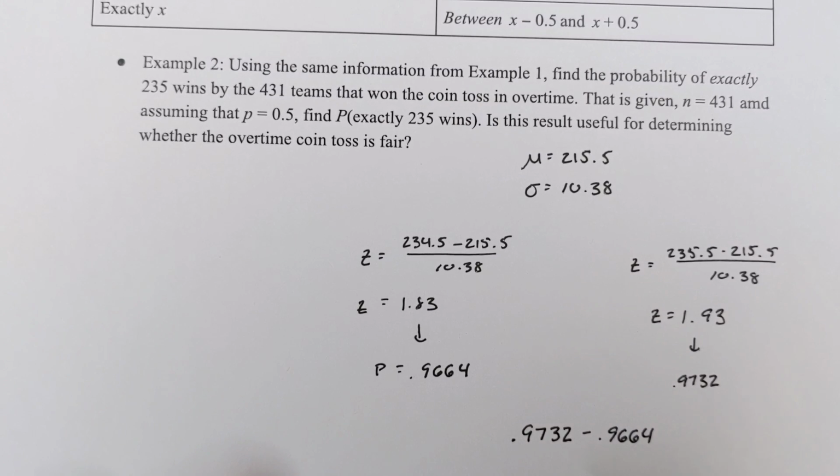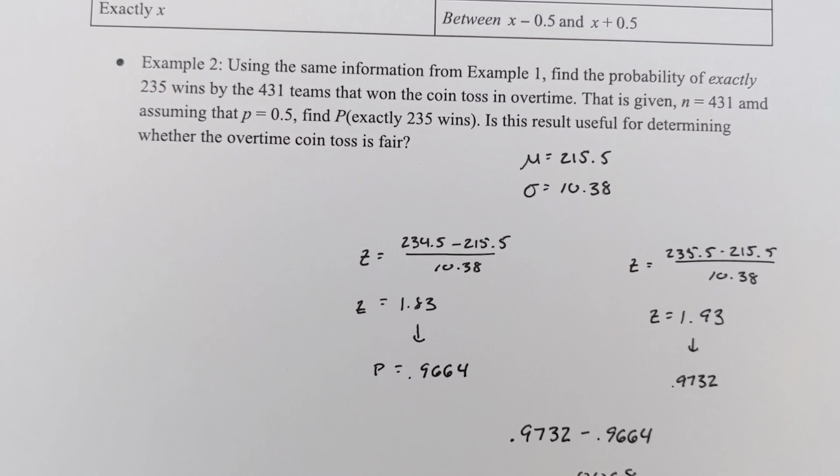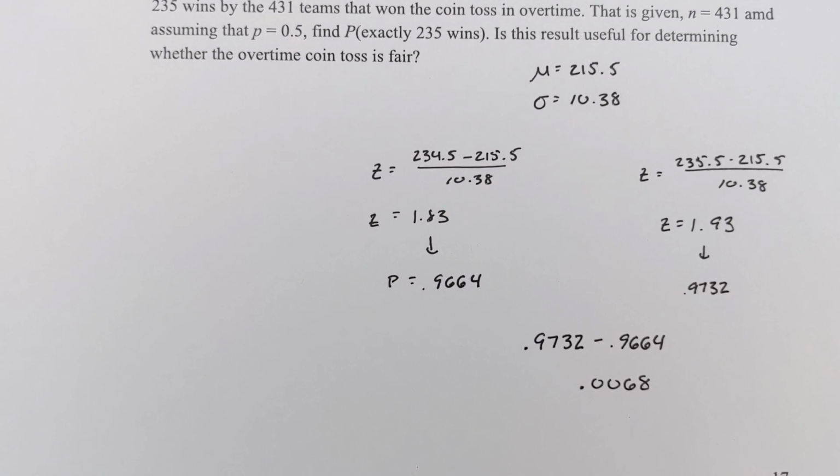So that's a very small number, 0.0068 is your likelihood of winning exactly 235 games with that coin toss. So it's pretty unlikely that you'll win exactly 235 games, which makes sense. That's one outcome out of the 431, so the individual probability is most likely pretty small.